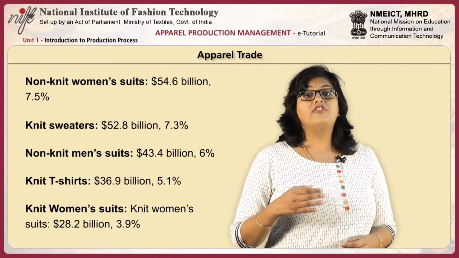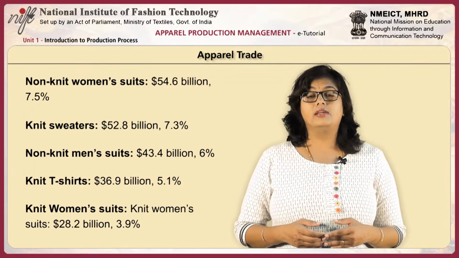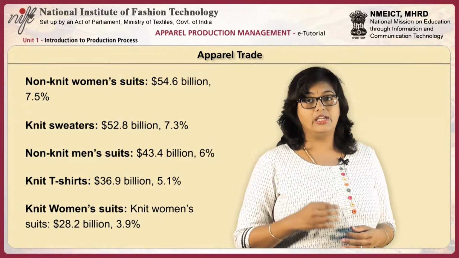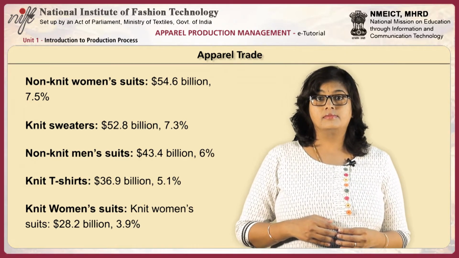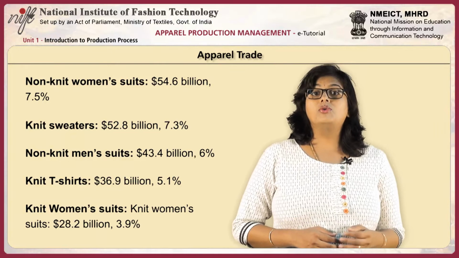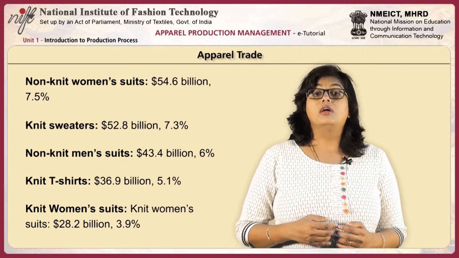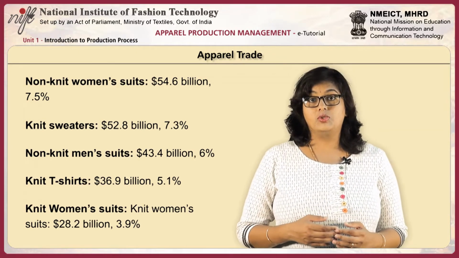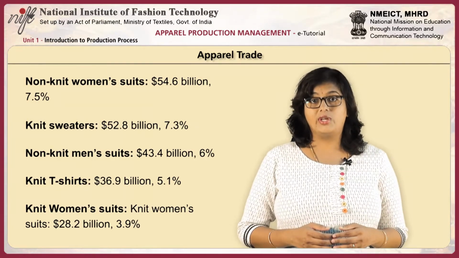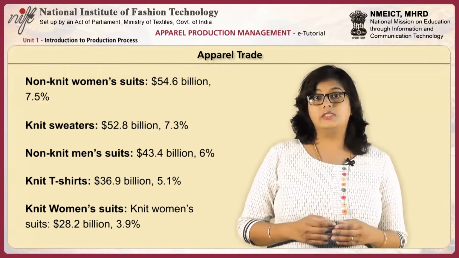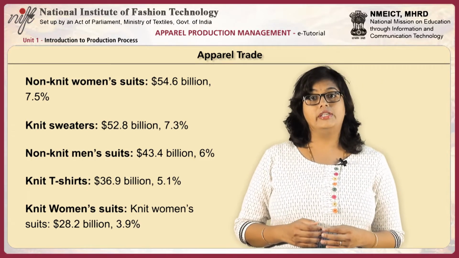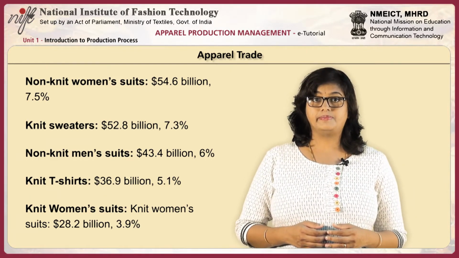The total trade of clothing and textiles combined gives us $726 billion. The most traded apparel and textile products are non-knit women's suits, knit sweaters, knit t-shirts and non-knit men's suits.